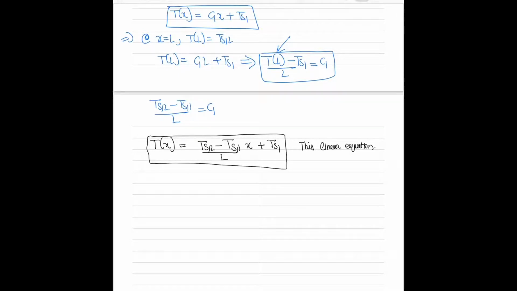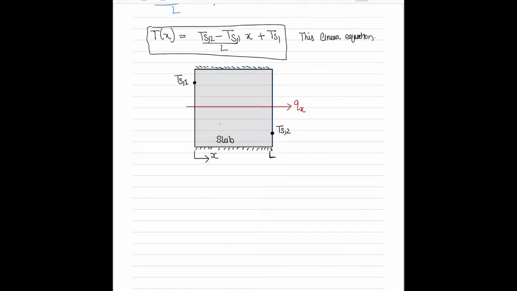That means our temperature is varying linearly with respect to x, and the equation of this is given as temperature as a function of x, that is Ts2 minus Ts1 divided by L into x plus Ts1, where Ts1 is greater than Ts2.